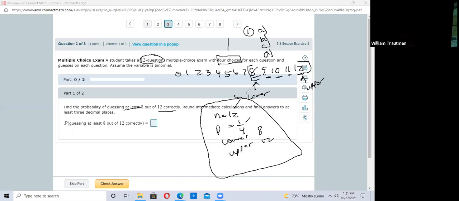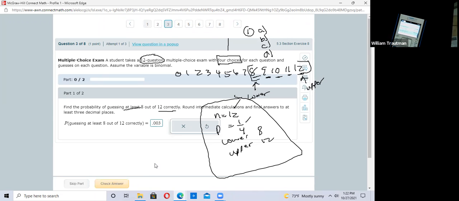Lower is 8, upper is 12, and I hit enter. And I get a very small number, 3 decimal places. .0027. But if you round it to 3 decimal places, that's 0.003.